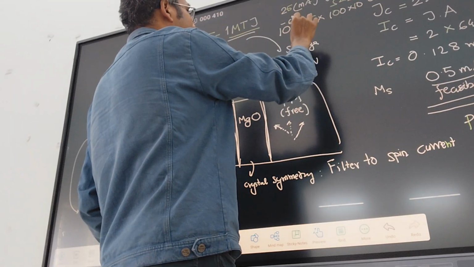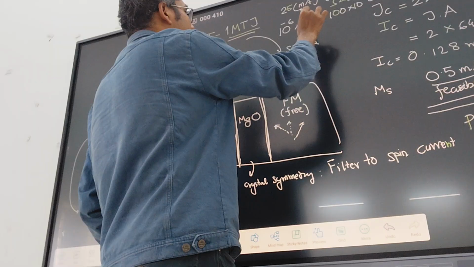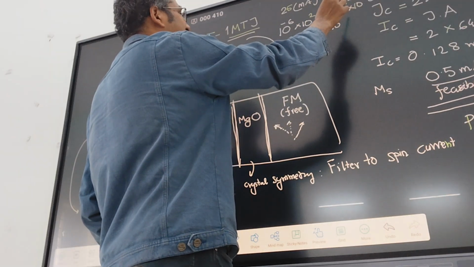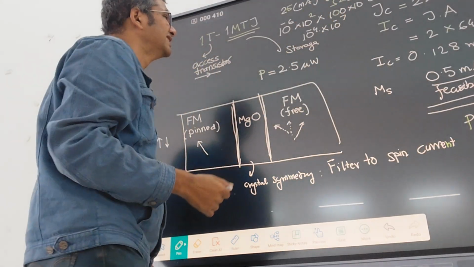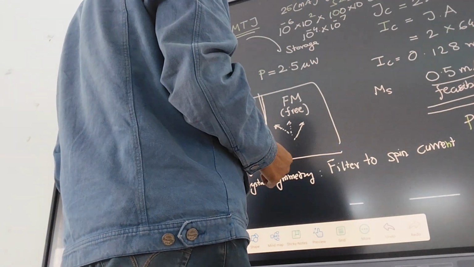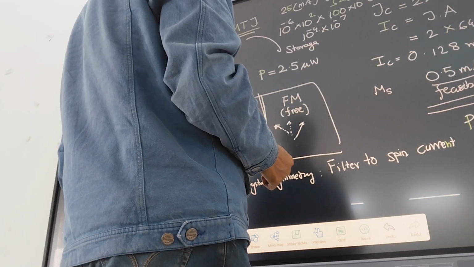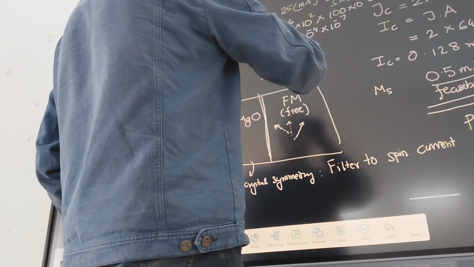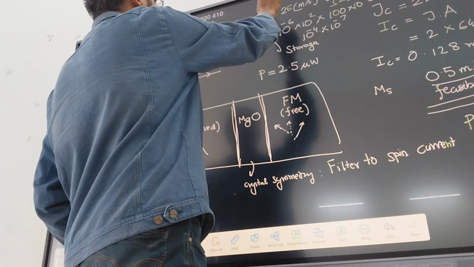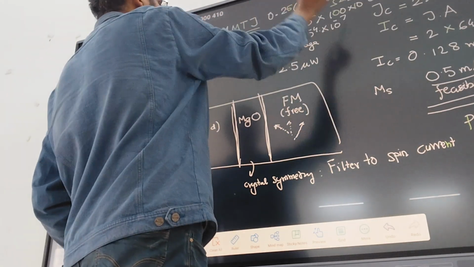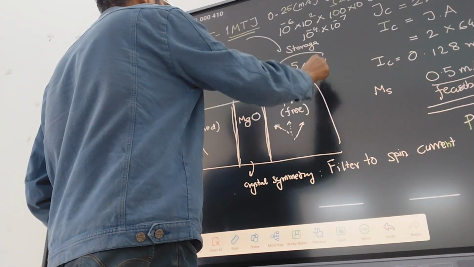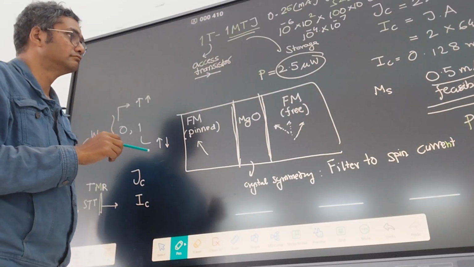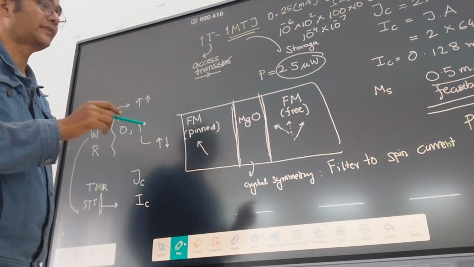So that makes it to the power minus 4. 0.5, so it will be 2.5. Now what is the value? 0.25, the square over I square actually. Yeah.